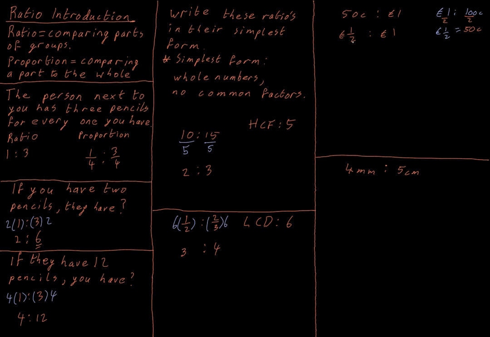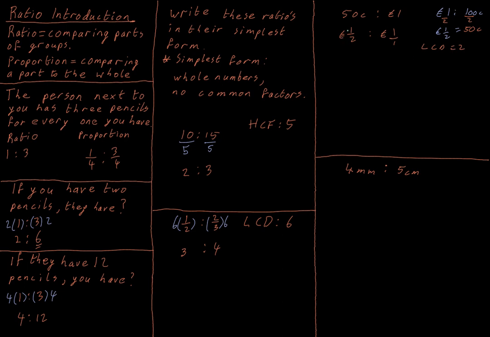So I've now converted to euro, and now I want to write this in its simplest form. Well, I don't want to have a fraction in my simplest form. So what's my lowest common denominator? Well, I know the secret denominator here is 1. My lowest common denominator is going to be 2.